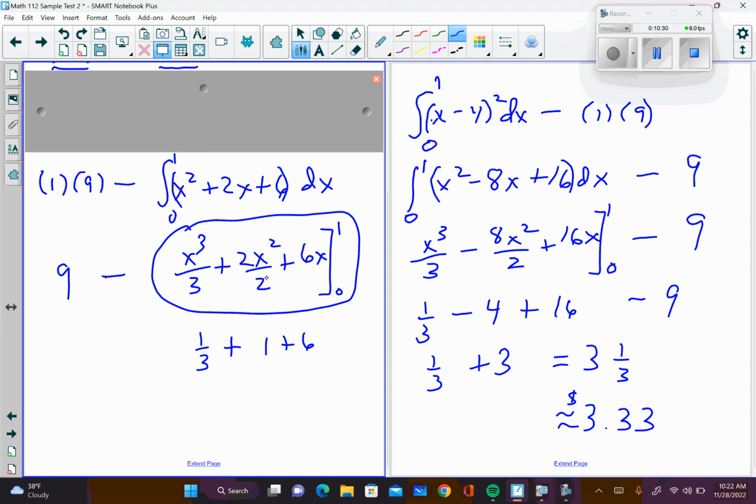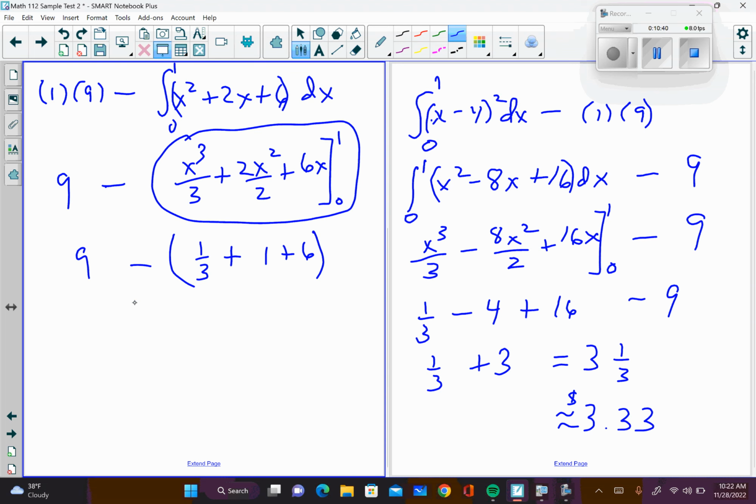And then minus 0. The other number is 0, we'd have 0 plus 0 plus 0. So whatever that comes out to be, it's got to be 9 minus that. Actually, I could distribute the minus and make it 9 minus 1/3 minus 1 minus 6. 9 minus 1 is 8, and 8 minus 6 is 2. So 2 minus 1/3, in money, that's $1.67.